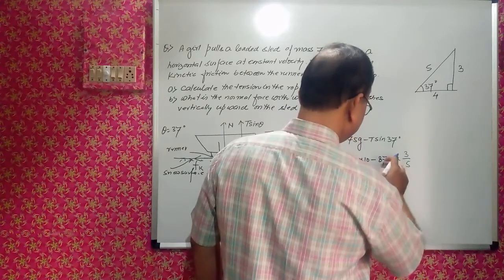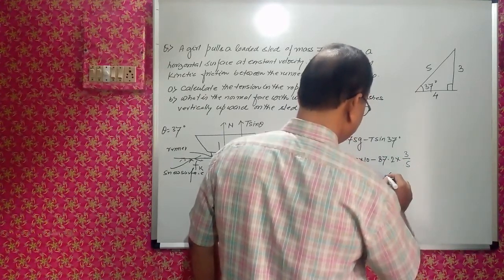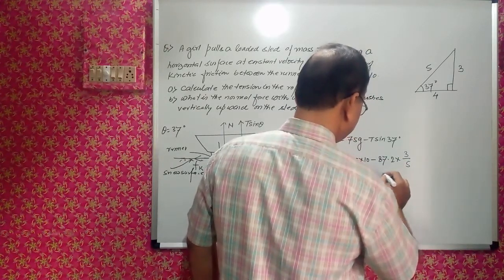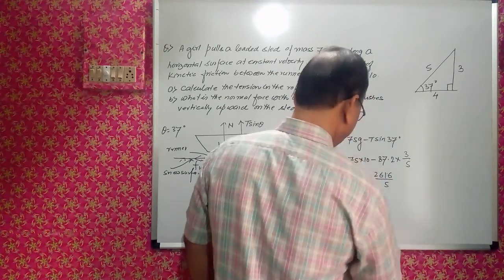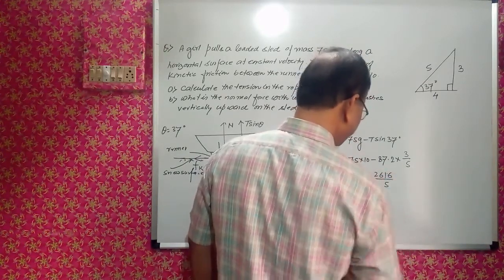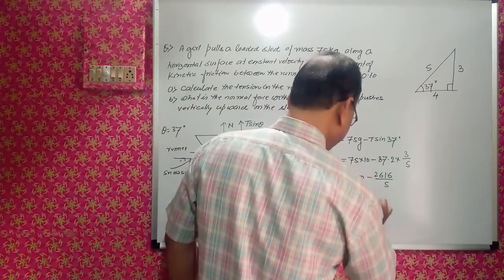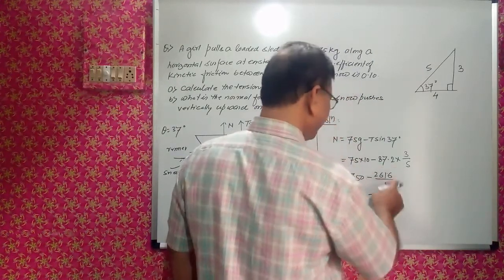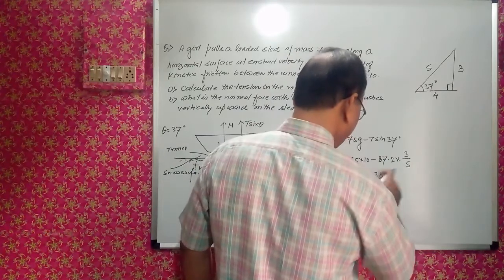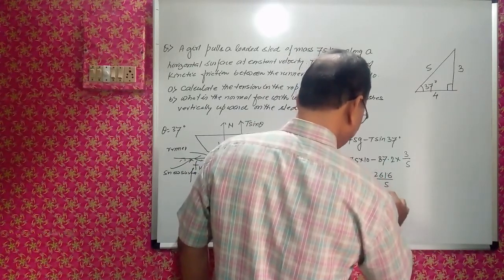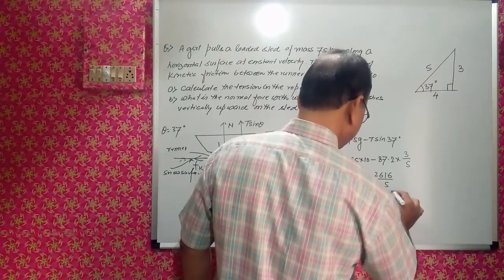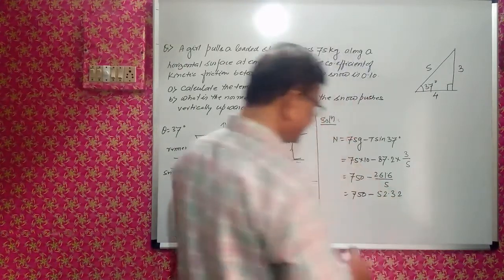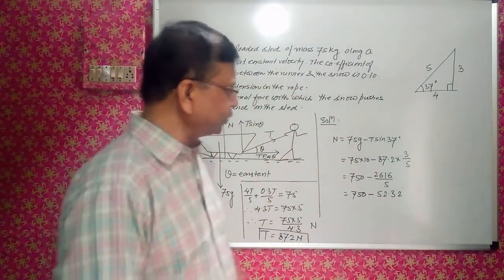that is 261.6 by 5. Further simplification, 750 minus, if you divide it by 5, we get 52.32.